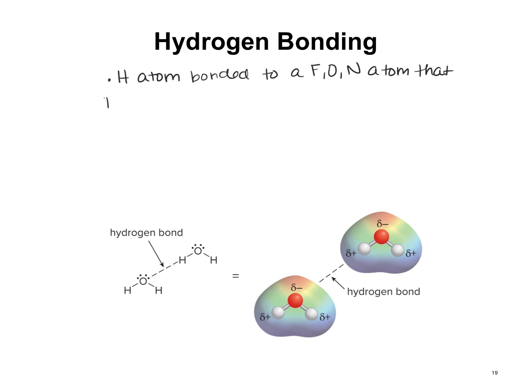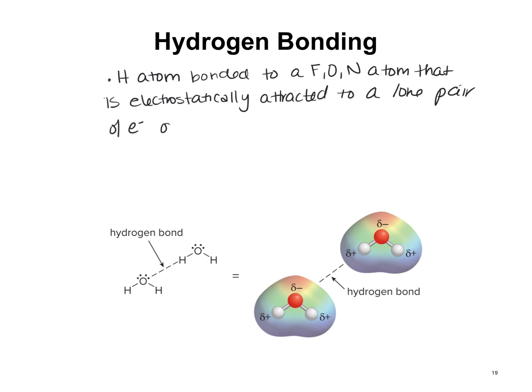That is electrostatically attracted to a lone pair of electrons on an oxygen, nitrogen, or fluorine atom of another molecule. All right, and hydrogen bonding is the strongest of the three types.